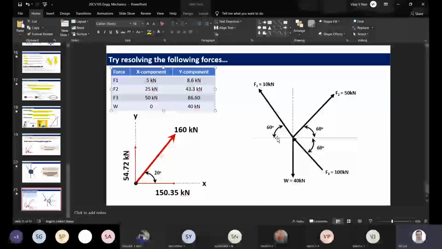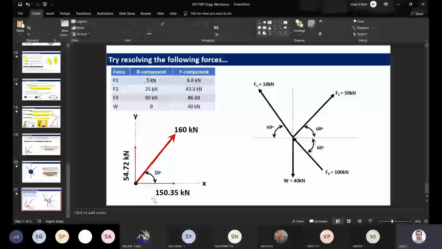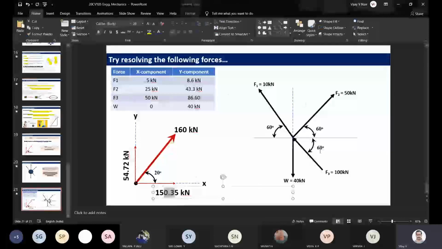If this particular problem were in equilibrium, you could come to a resultant force directly. Still, this is not in equilibrium, so that's the reason I'm not asking you to solve it. The basic convention, like your xy Cartesian plane itself, you have to follow this basic sign convention. I will give the convention here.